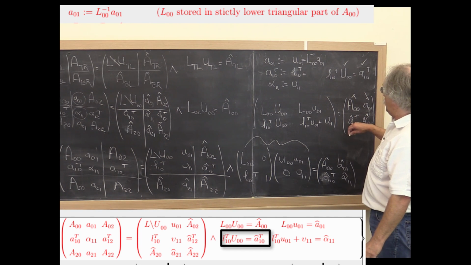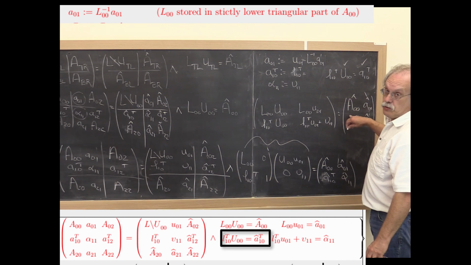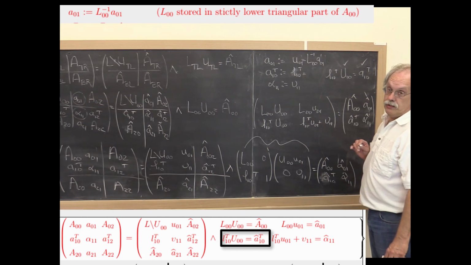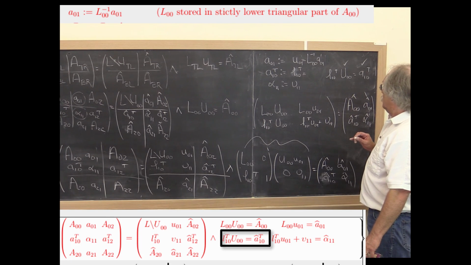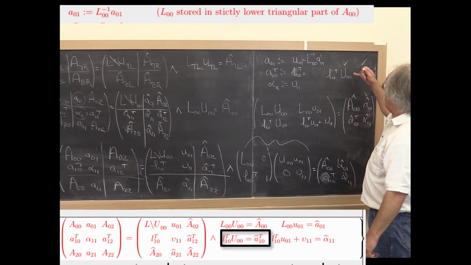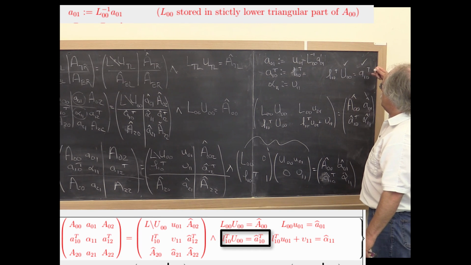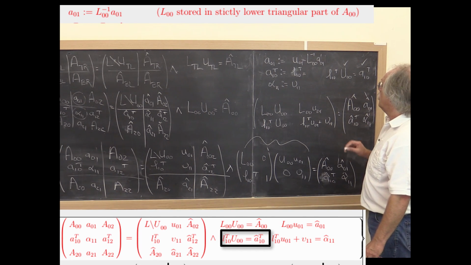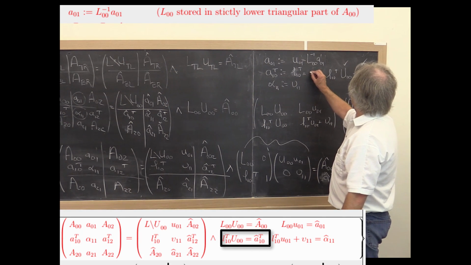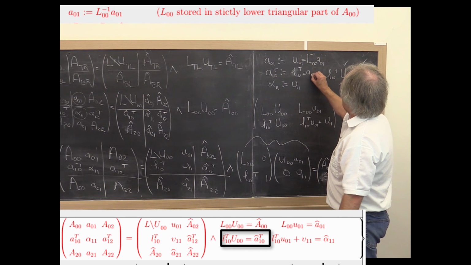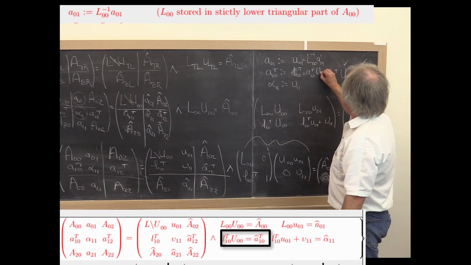Well, we know we want to compute with A10 transpose hat, but we know that's stored right there. Okay, well, we can multiply both sides of this with the inverse of U00, and then we would find that this is equal to A10 transpose times U00 inverse.